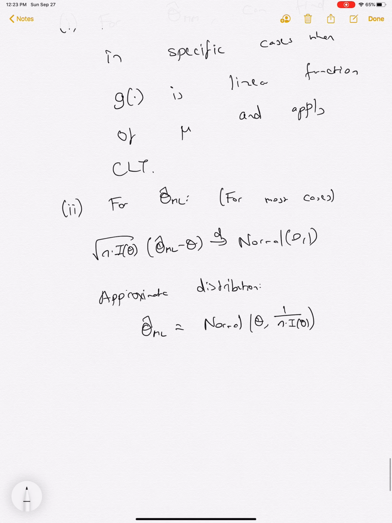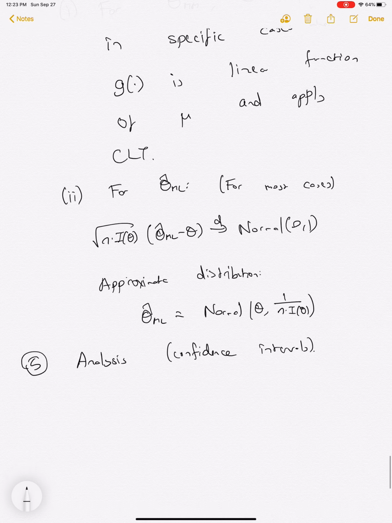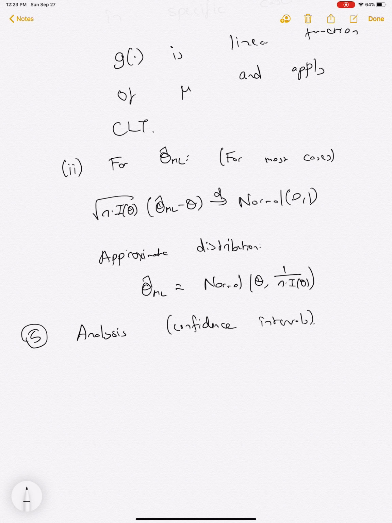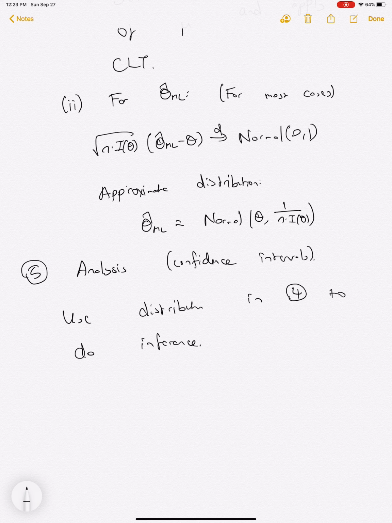And then for the fifth component, which was about using the likelihood to do some inference, so rather than just come up with a point estimate, also try to come up with some notions of confidence intervals.